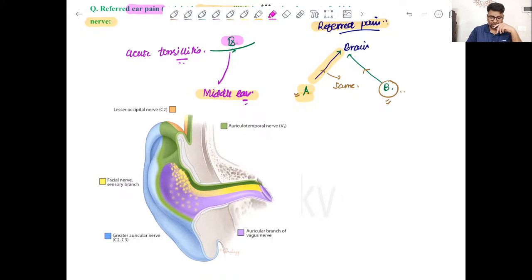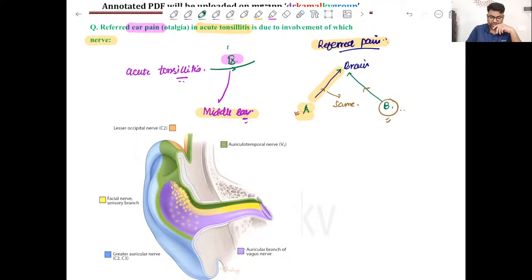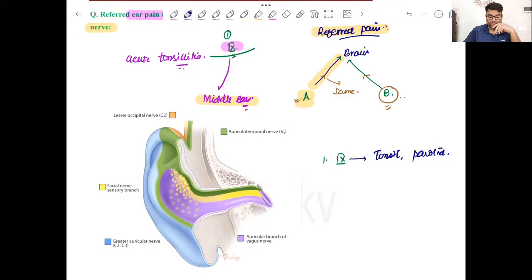The very first, which I have already explained, is cranial nerve 9. It supplies the tonsil or even the parotid gland, so these are areas from where there can be referred pain to the ear.